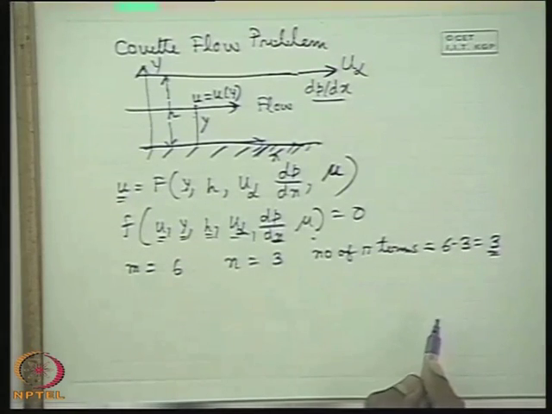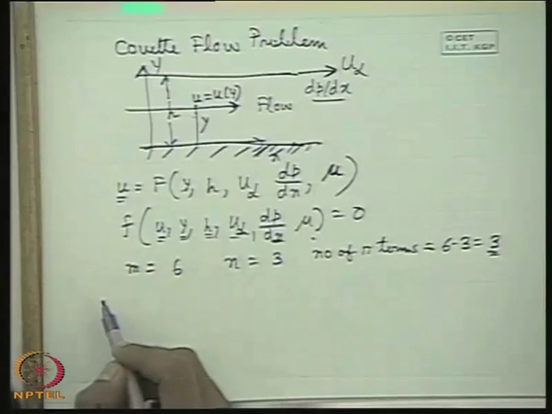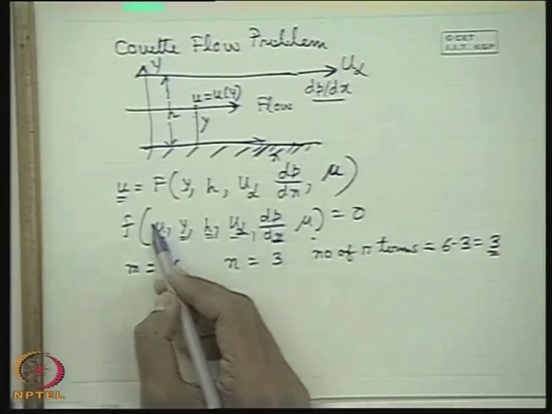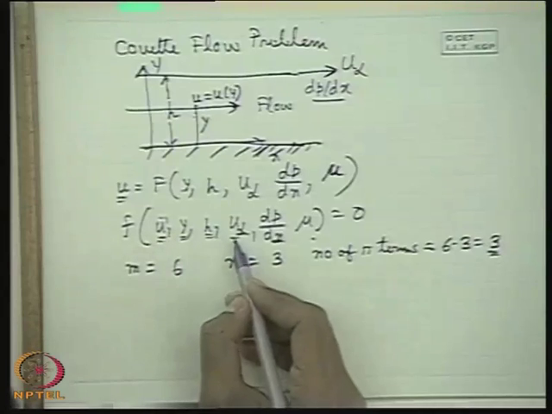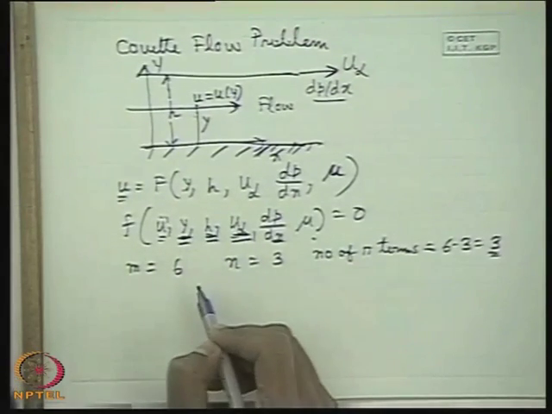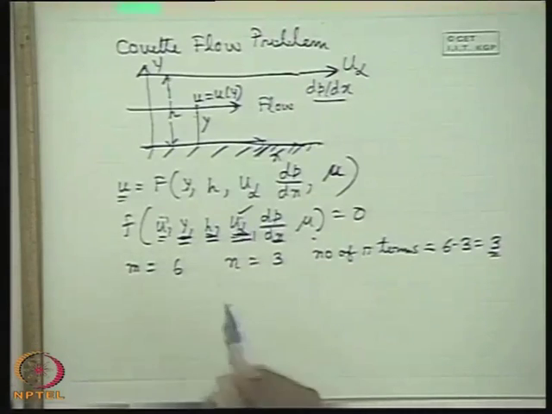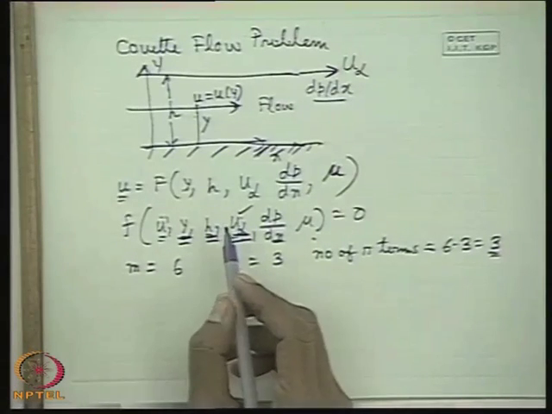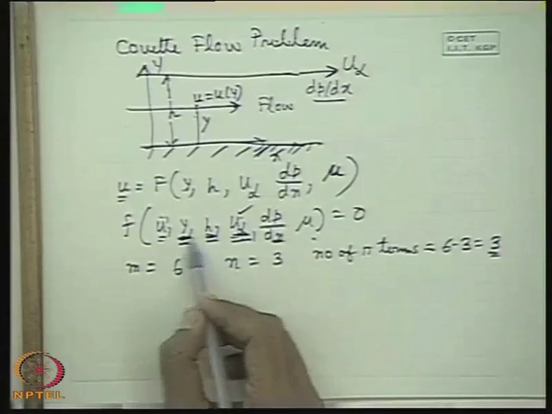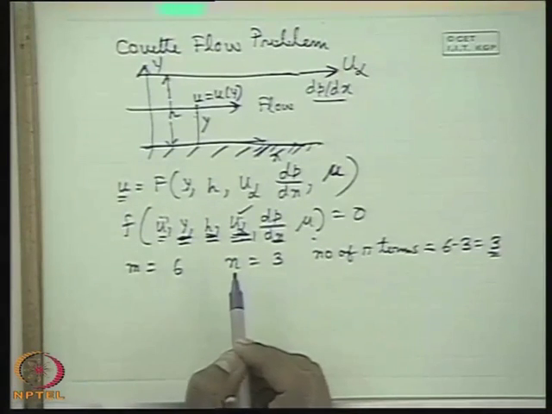Now the choice comes with the repeating variable. So u is the dependent variable, you exclude u. Better you take u infinity, h and y. U infinity is the flow characteristic, and not y and h together, because this will be wrong. So two repeating variables should not have the same dimension.